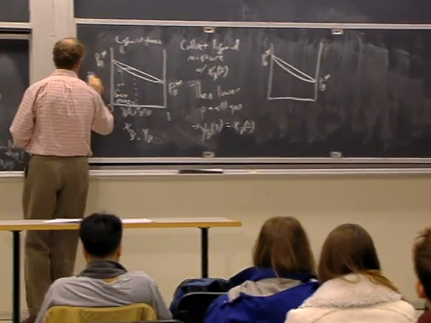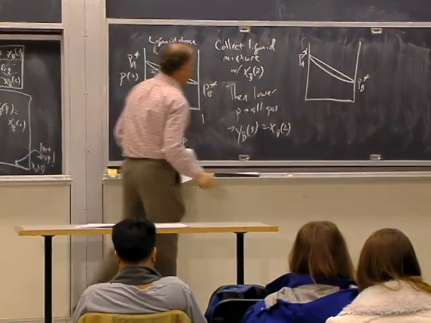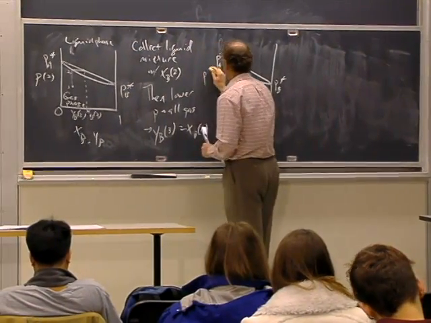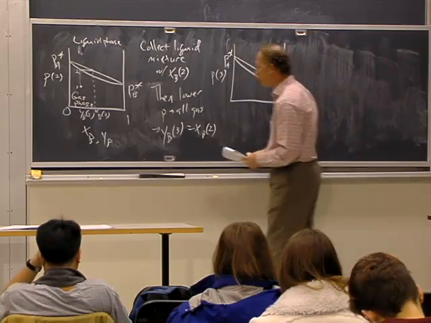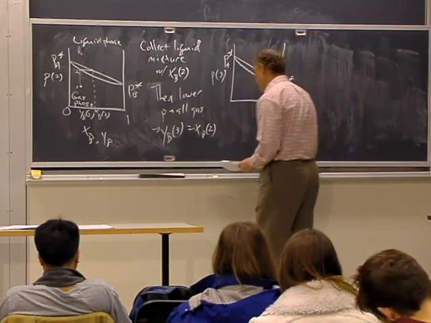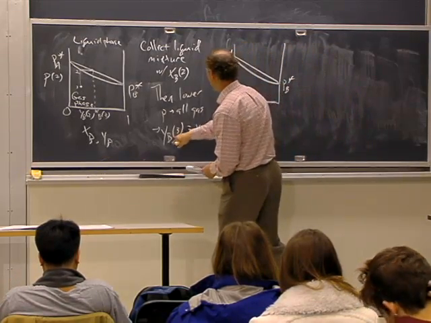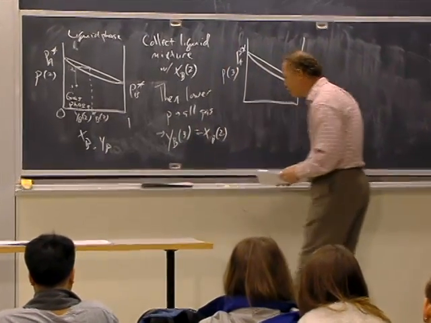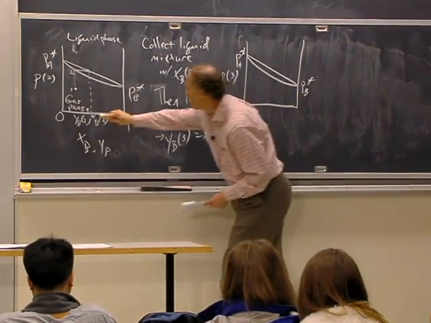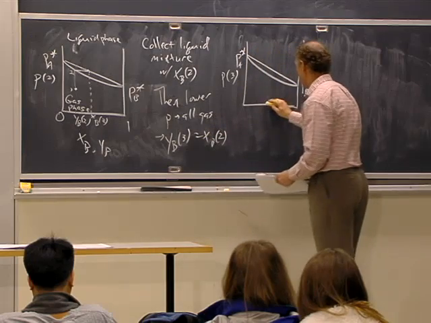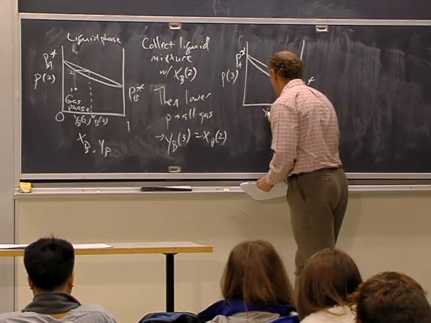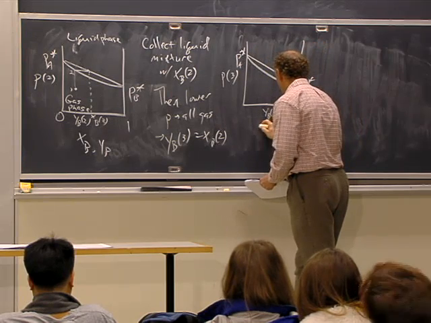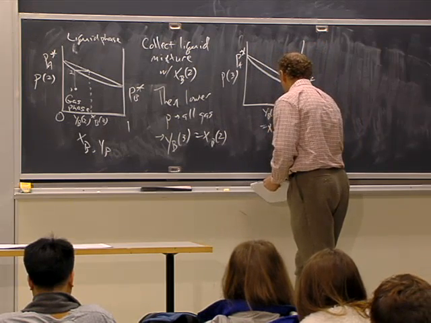So here's P of 2. And now we're going to go to some new pressure. And the point is, now we're going to start, since the mole fraction in the gas phase that we're starting from is the same number as this was. So it's around here somewhere, right? That's YB of 3 equals XB of 2.